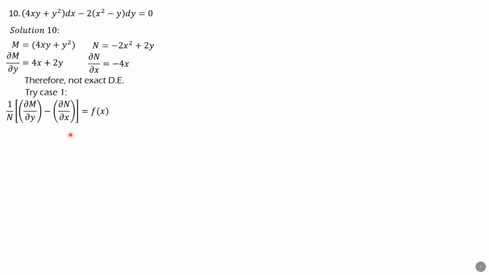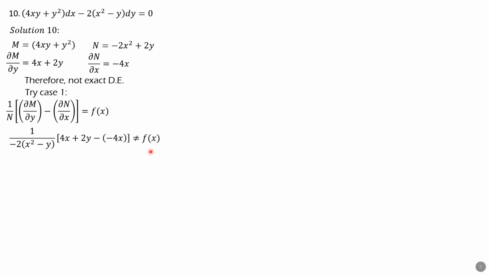So substitute 1 over negative 2 quantity x squared minus y, then times the quantity 4x plus 2y minus negative 4x. So there is still y present, we cannot eliminate y, so it is not a function of x.